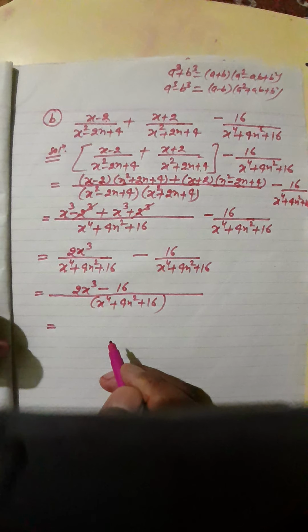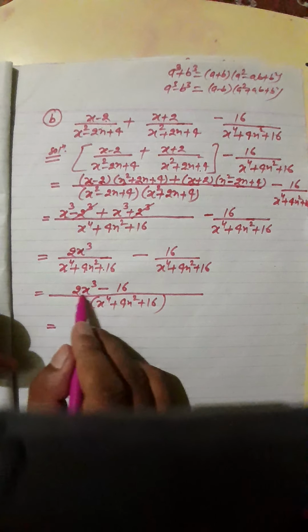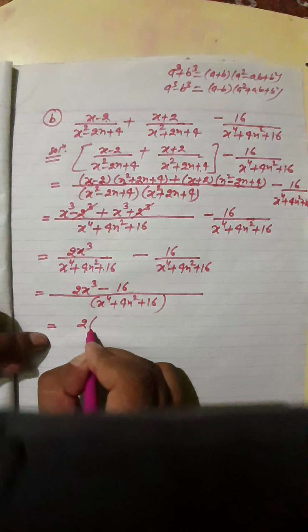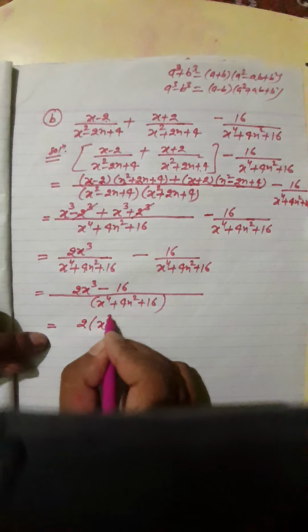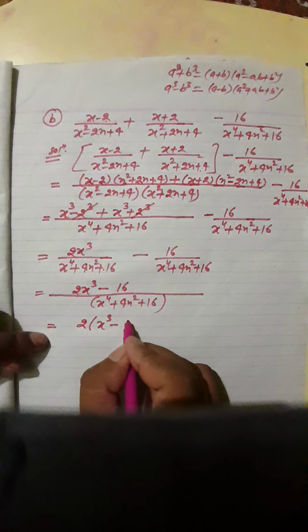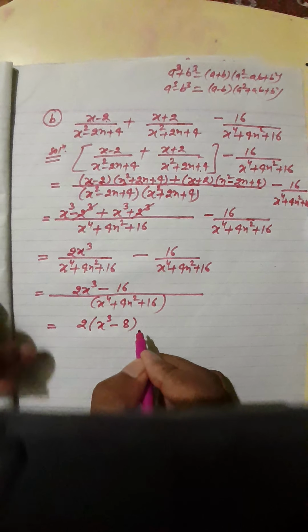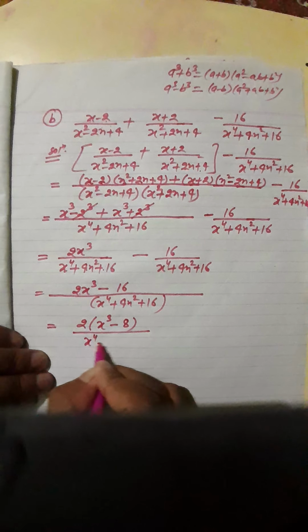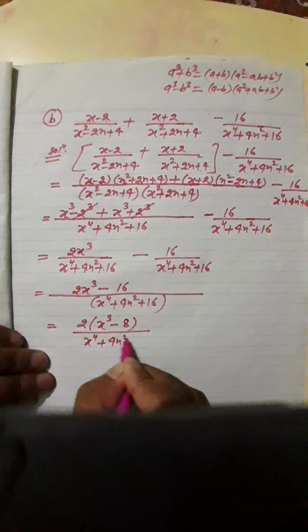Already I told you, here is a common factor, we can take 2 common upside. So 2 common we can take: x cube minus 8, since 2 times 8 is 16, divided by downside x to the power 4 plus 4x square plus 16.